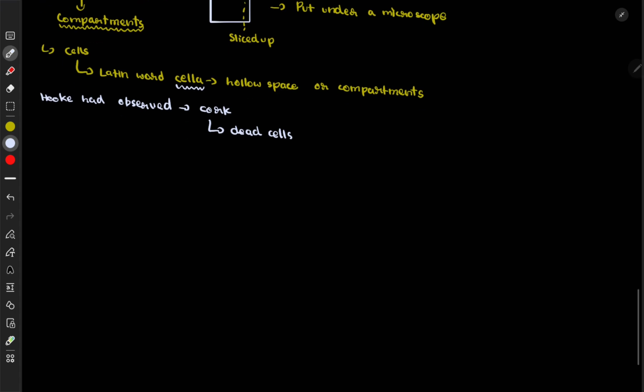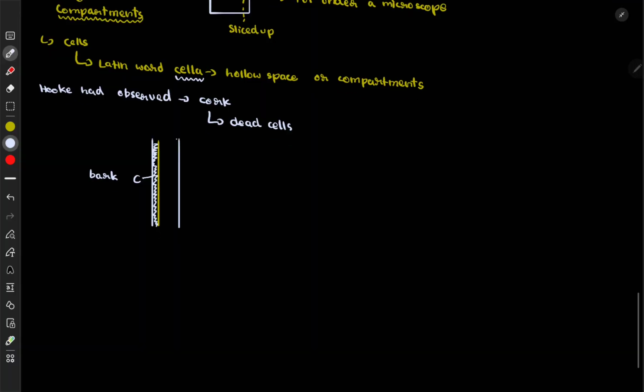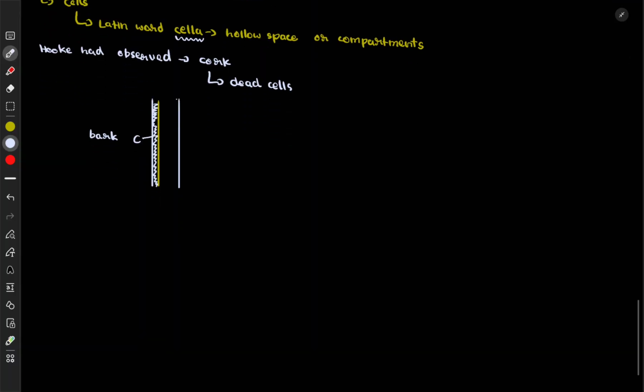Let's say this line is your tree. You take only this side. This layer is your bark.